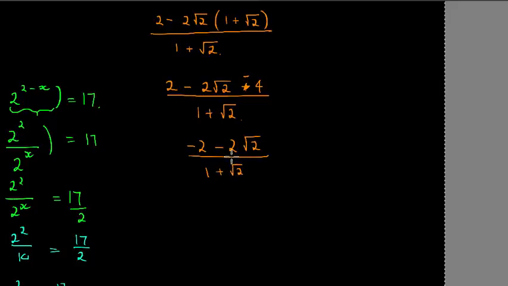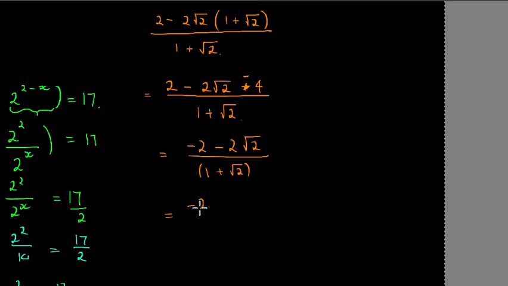Now, the excellent thing that it seemed you were trying to do is cancel common factors because you factorized, but you didn't simplify correctly, so your factorizing would have been perfect. At this point, I take out a -2 because I want this expression. I can't do anything to the bottom, so if I can just get 1 plus square root 2 in the top, I'm going to be sorted.